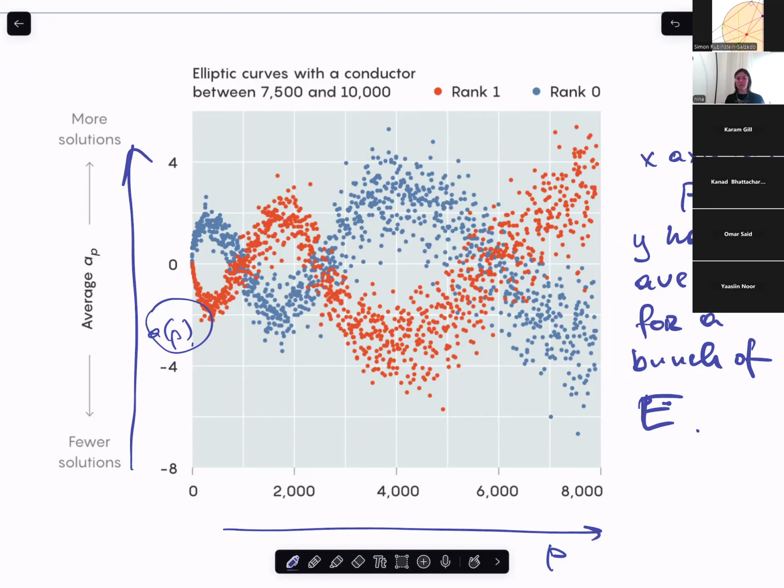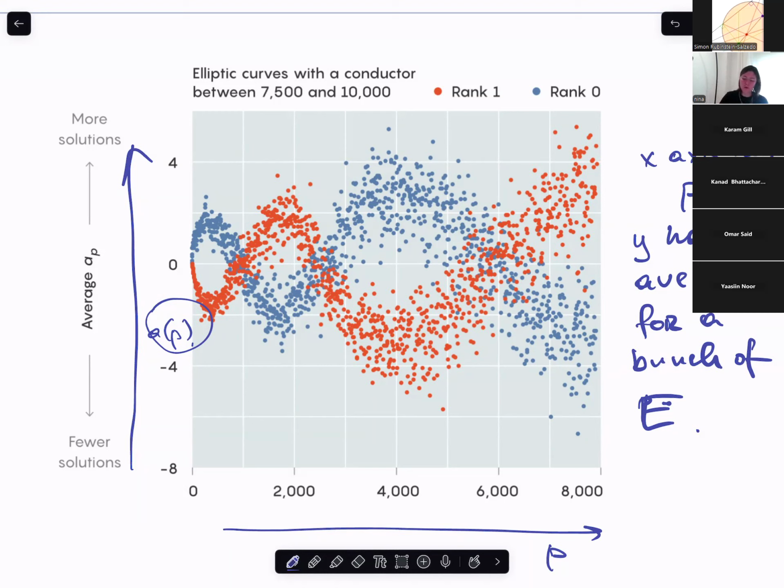And take a whole bunch of elliptic curves ordered in a certain way. It only happens on average, so they have to be ordered in a particular way. I didn't tell you how you're grouping the elliptic curves, but that's not important right now. Compute the average of these APs on the y-axis and plot it as a function of P. And they saw that for rank 1, it does this, and for rank 0, it does this.